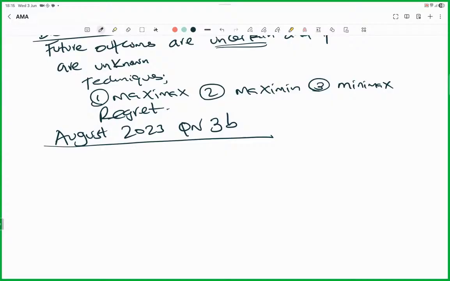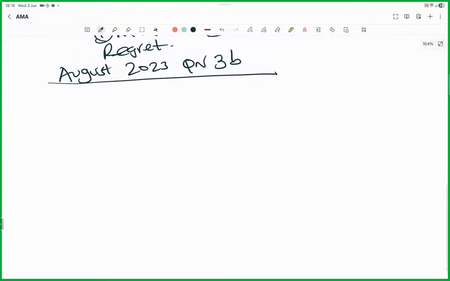So if I'm given this kind of question, first of all, I will put down what we call a payoff table, which this examiner was gracious enough to provide. This is given.